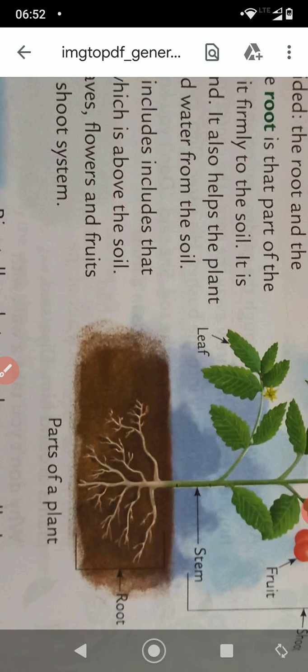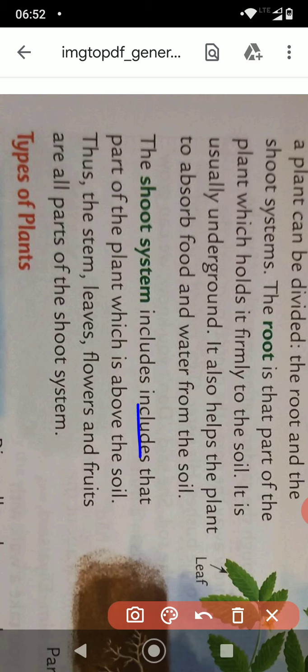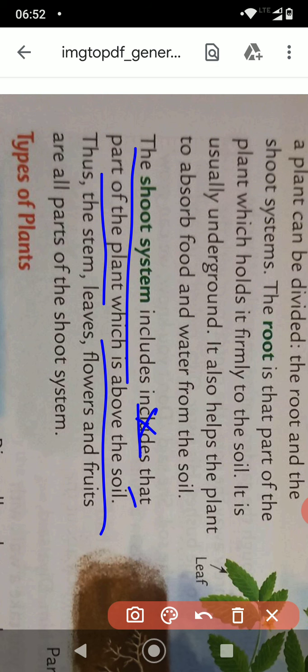So now we are done with the root system. Let's move to the shoot system, children. So what is the shoot system? The shoot system includes that part of the plant which is above the soil.